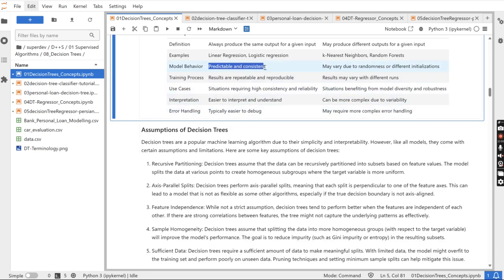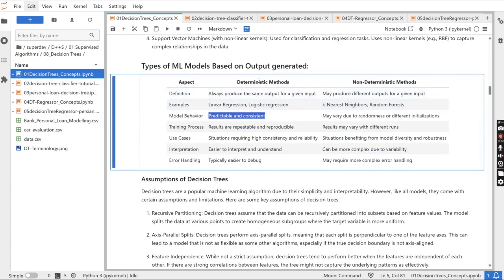Next, model behavior is predictable and consistent for deterministic. For non-deterministic, they may vary due to randomness and different initializations that we do. A good example is neural networks. Next, the training process: results are repeatable and reproducible for deterministic, while for non-deterministic, results may differ for different runs.